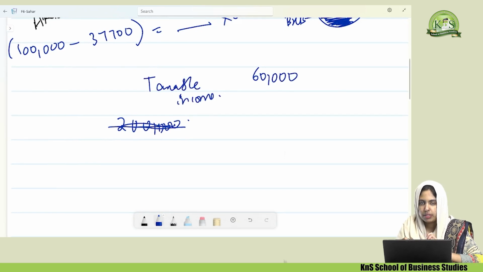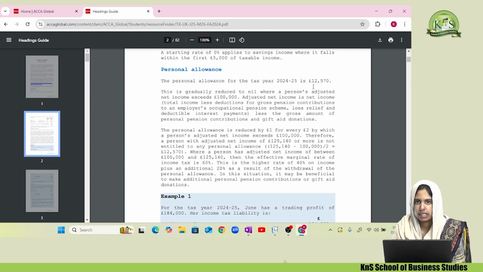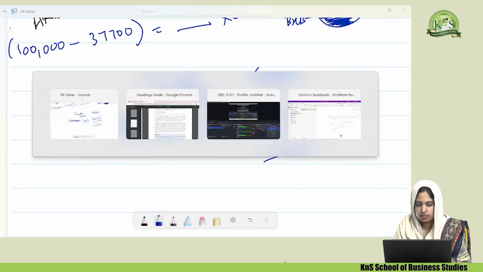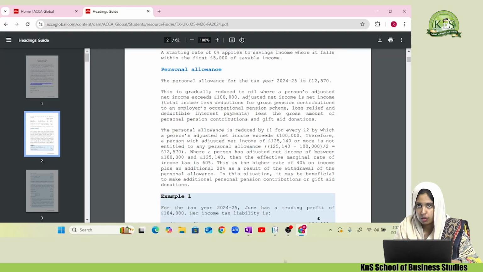When I find out my ITL, I can subtract the personal allowance provided by the tax authorities, and whatever answer comes up, that figure will be calculated for ITL. Then there are some more implications, some limits for personal allowances as well. That will be discussed later when we have more examples to do.